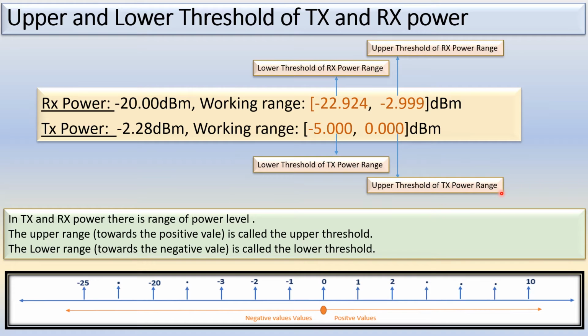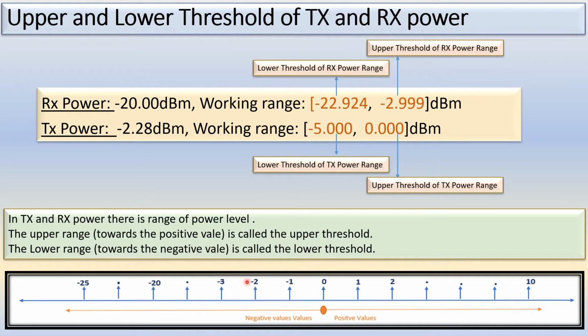You can understand this from the chart: this is the zero value, this is the positive side, and this is the negative side. When we say the power must be within 1 to -1, the power can vary within that range. Say the working range is -2 to -22.